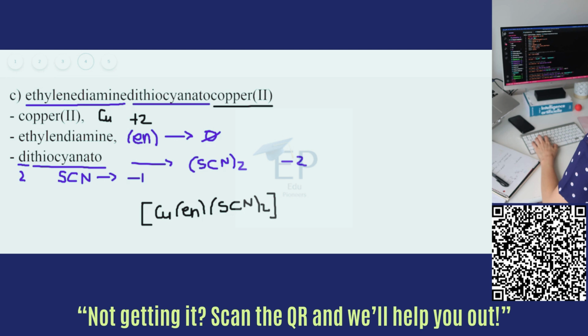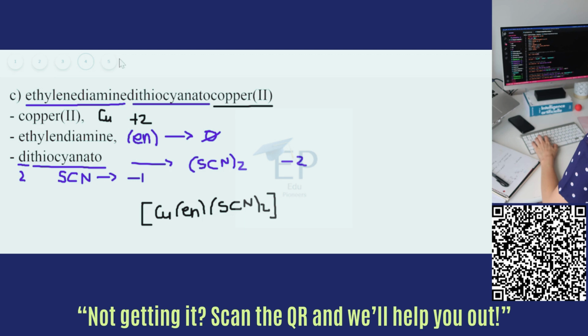Now we can write down the final formula starting with the metal, the first ligand, the en, and the second ligand, 2 times, as we see from here. Now, the final charge is the result of the charge coming from the second ligand, -2, and the metal, +2. -2 plus 2 equals 0. So we have no charge outside the brackets.